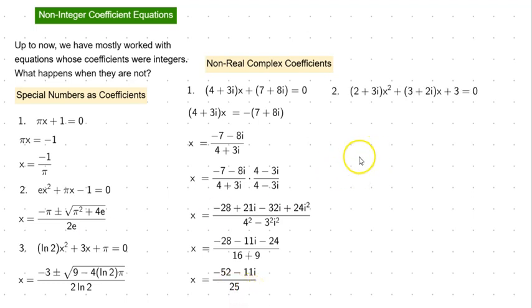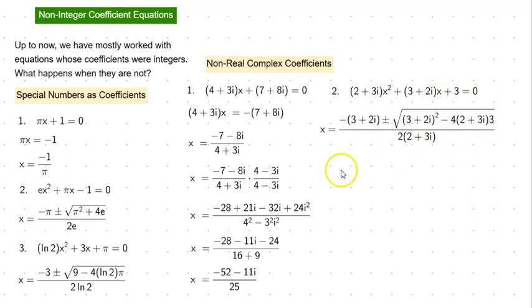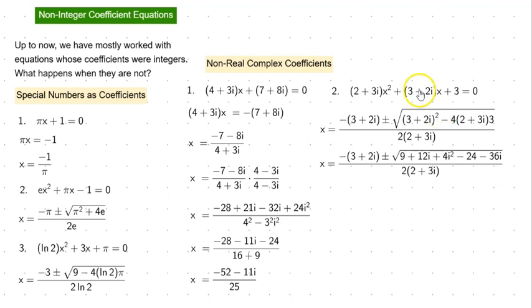Let's look at another example. 2 plus 3i x square plus 3 plus 2i x plus 3 equal to 0. Now this is a quadratic. So we apply the quadratic formula. Minus 3 plus 2i plus or minus 3 plus 2i square, b square minus 4 times a times c, divided by 2 times a.